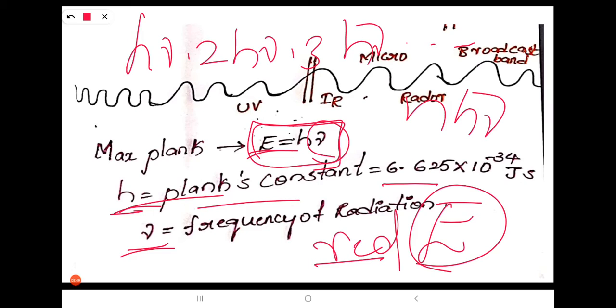Similarly, the energy is also less when compared to blue color. Blue color has a smaller wavelength and higher frequency, so it acquires greater energy.